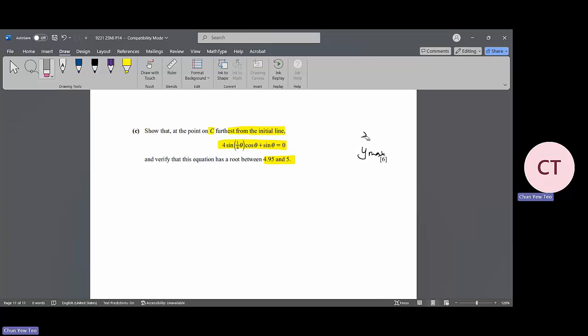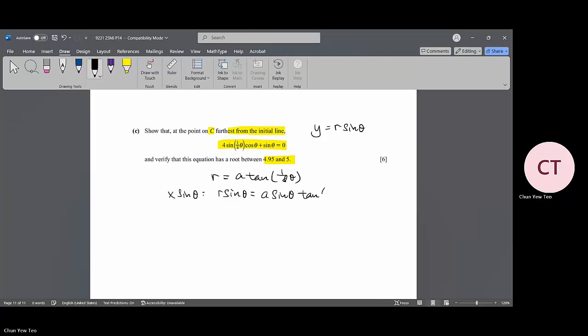If we're looking for y maximum, then we need to change the polar equation from r to become y. We know that y is equal to r sine theta, so I just need to multiply sine theta on both sides. Then you will get a sine theta tangent 1 over 8 theta.